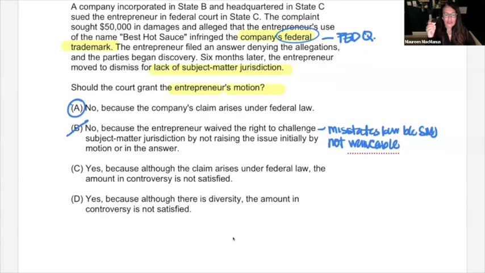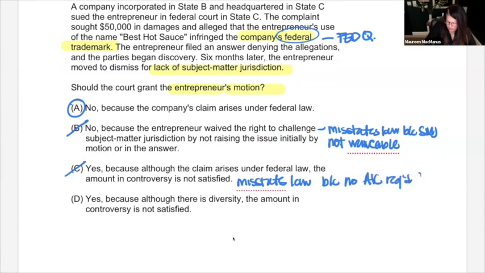So C, yes, because although the claim arises under federal law, the amount in controversy is not satisfied. Well, that's wrong. This also misstates the law because there's no amount in controversy required for federal questions. And D, yes, because although there is diversity, the amount in controversy is not satisfied.